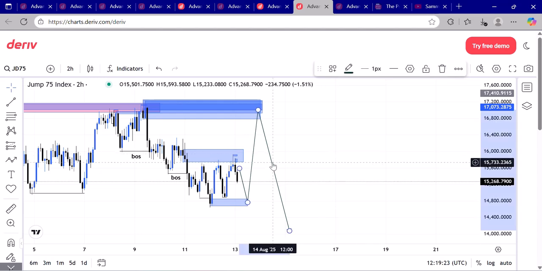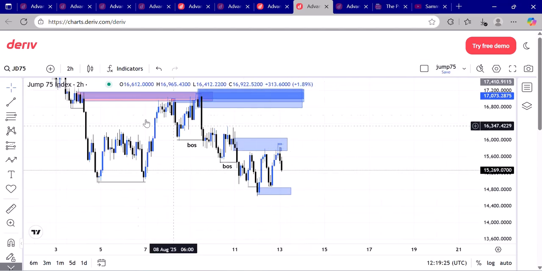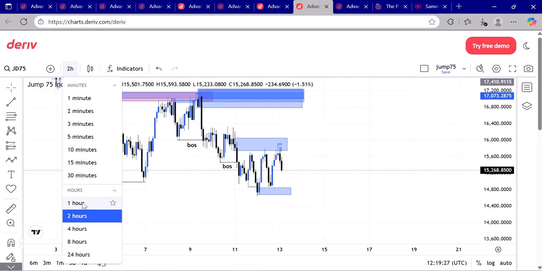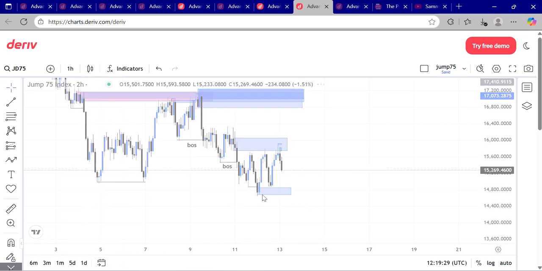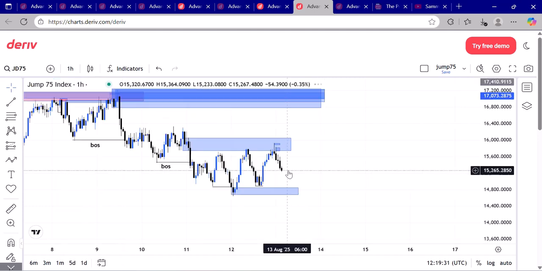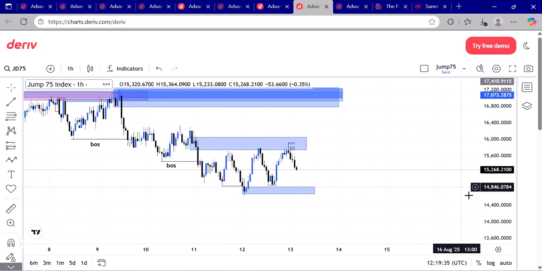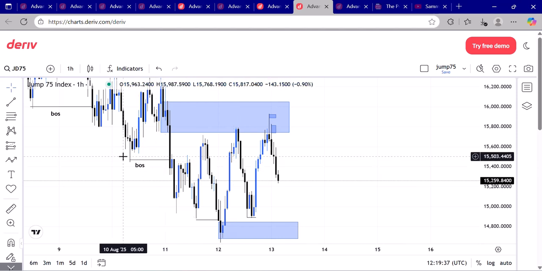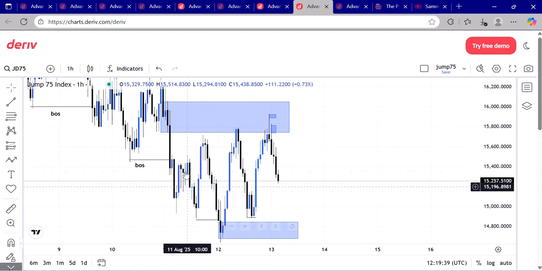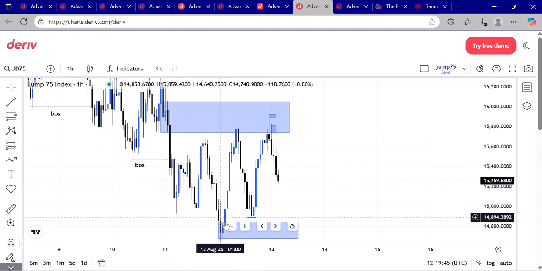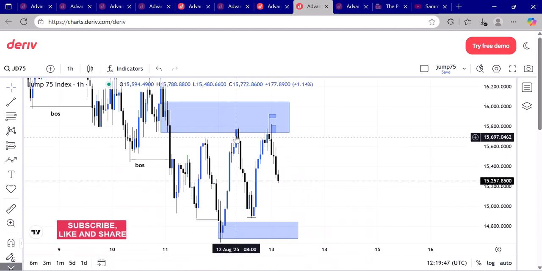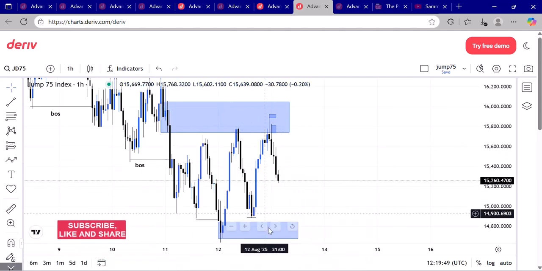But currently there's something going on here in the market. If we zoom down to our 1 hour time frame, so this is a 1 hour time frame, we'll see what happened here after. There was also another break of structure to the downside. So this was the zone that caused the break of structure to the downside, and then price came in and tapped here and it sold off.